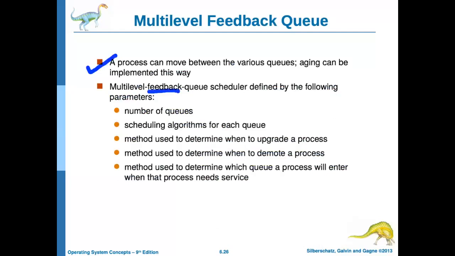Multi-level feedback queue scheduler. We can have multiple parameters: how many queues we want to have in the system, what are the scheduling algorithms for each queue, so this is within the queue, what are the methods used to upgrade a process when it is spending some X amount of time in a particular queue, what are the methods to determine when to demote, like we are upshifting the process, you should be able to demote also, downgrade also.